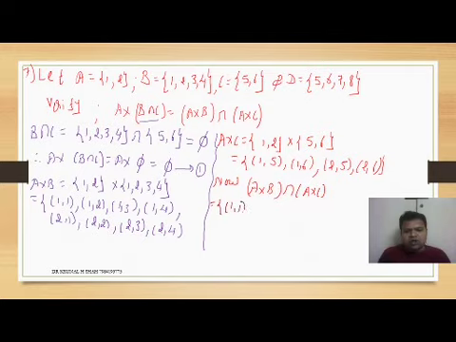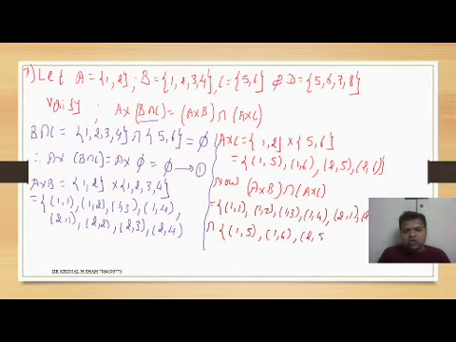So that is (1,1), (1,2), (1,3), (1,4), next (2,1), (2,2), (2,3), (2,4). Intersection the elements of A cross C, so that's going to be (1,5), (1,6), (2,5), (2,6).